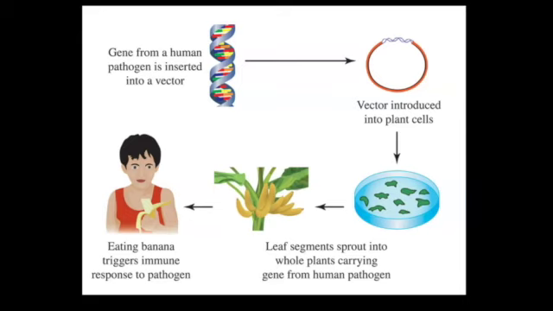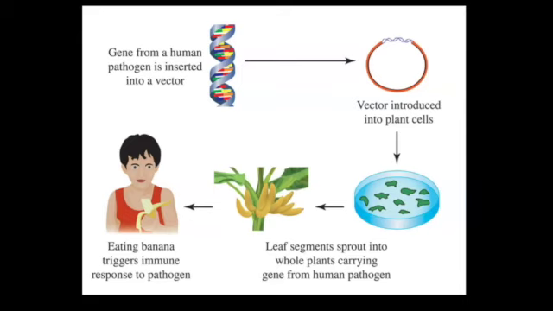Take the gene for the protein and insert it into the genome of bacteria. So this is that circular DNA from bacteria, and now you have recombinant DNA. That's the pathogen gene plus the bacteria gene. So two different species. This then gets inserted into plant cells, so banana plant cells, and cultured in a lab, and then taken out and grown in the fields as bananas.